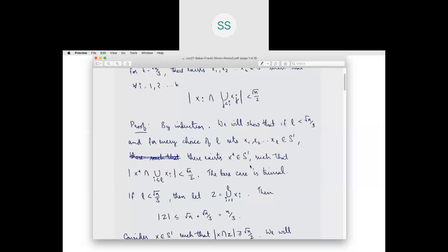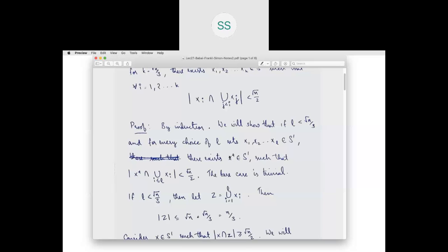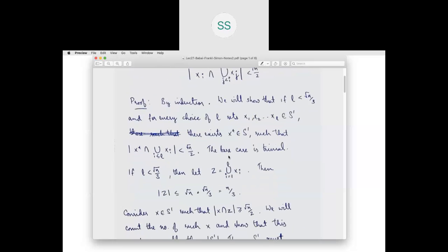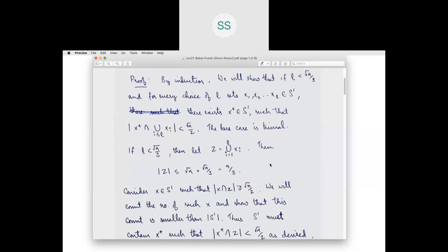Okay. So how is the proof going to go? If l is strictly less than square root n by 3, we look at how many elements there are in the union of x1, x2, x3 up to xl. We don't know anything for sure, but let us take the worst case.